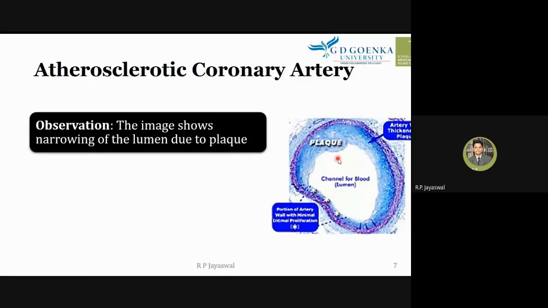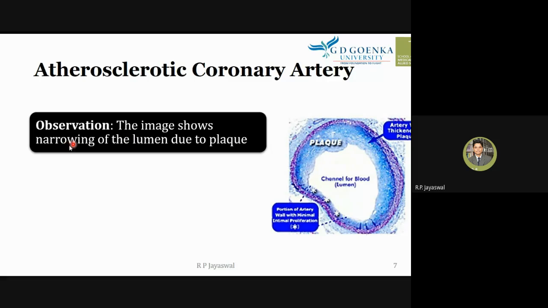The lumen, which should be normal, as we saw in the previous experiment 2, where we studied the structure of the normal coronary artery. If you compare with the normal, this is the patient's coronary artery where the patient has a plaque, right?